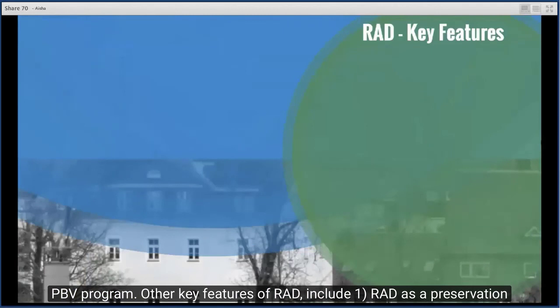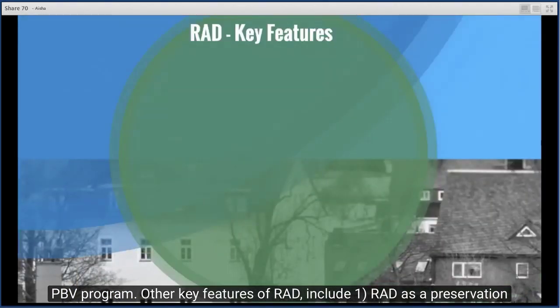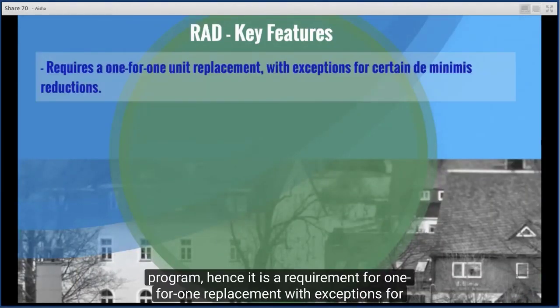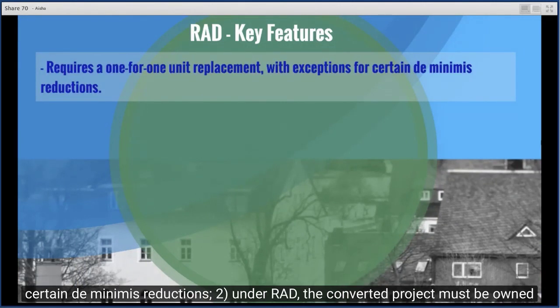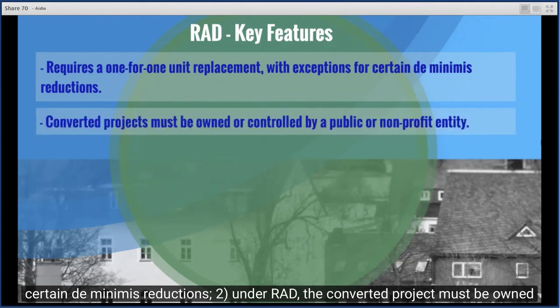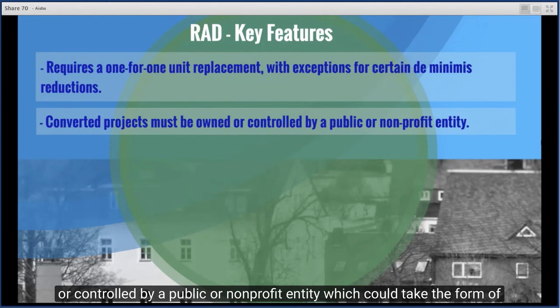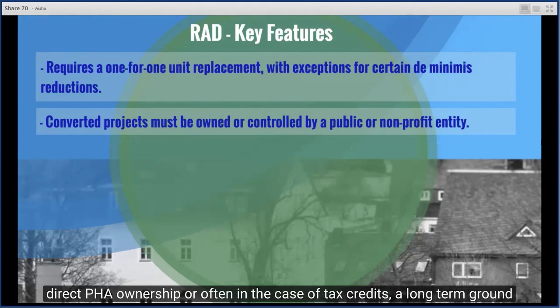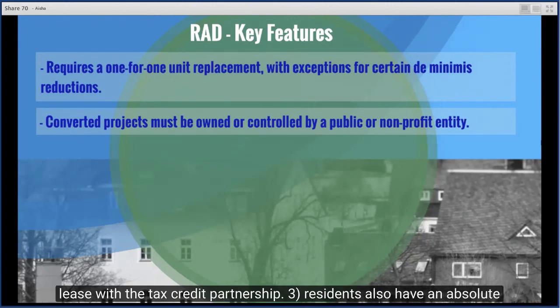Other key features of RAD include, first, RAD is a preservation program, hence it has a requirement for one-for-one replacement with exceptions for certain de minimis reductions. Two, under RAD, the converted project must be owned or controlled by a public or nonprofit entity, which could take the form of direct PHA ownership, or, often in the case of tax credits, a long-term ground lease with the tax credit partnership.